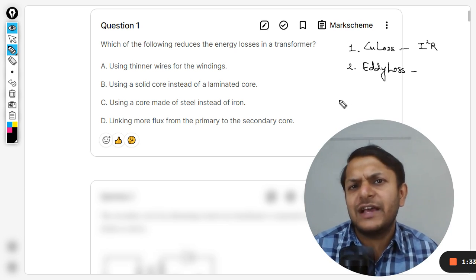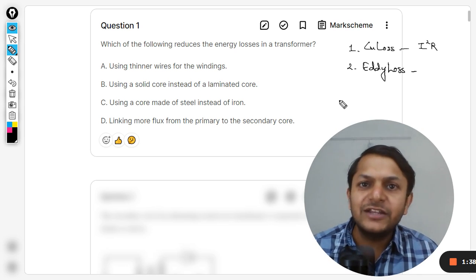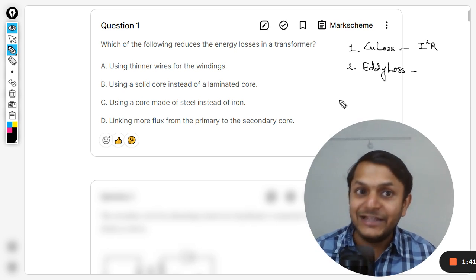So there is a power loss associated with that, and even that is I square R, but that is not in the wire. That is why we do not call it copper loss, but we call it eddy loss.